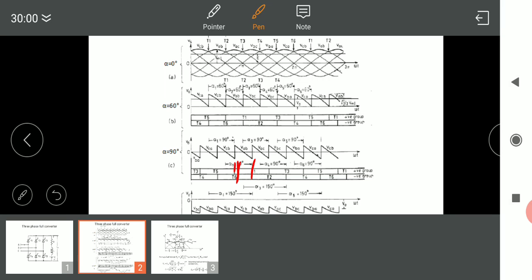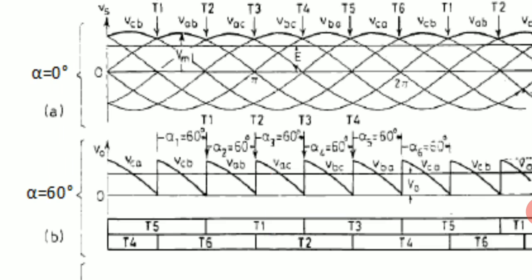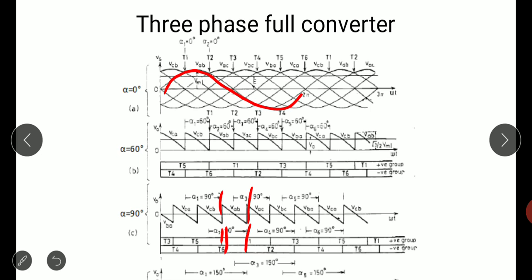You can see that in this portion we have VAB voltage. This is VAB voltage, and VAB voltage can be drawn. We want during this interval, so we have this voltage VAB.